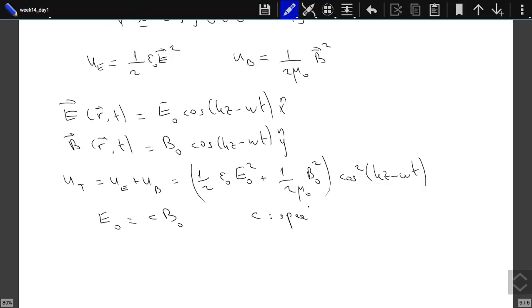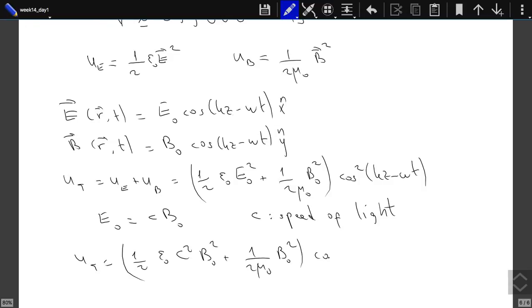C is the speed of light. So the total energy is just 1 over 2 epsilon 0 C squared B0 squared plus 1 over 2 mu 0 B0 squared times cosine squared (kz minus omega t).